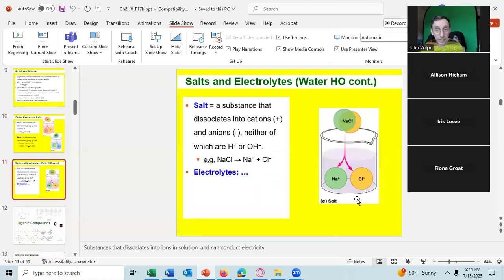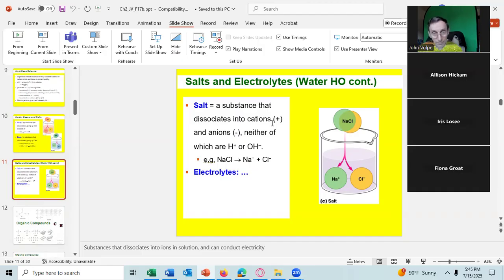So let's talk a little bit about salts and electrolytes. A salt is a substance that dissociates into a cation, that's a molecule with a positive charge, and an anion, a molecule with a negative charge. We're talking about a +1 and a -1, or a +2 and a -2, or some whole number, meaning it's not a partial charge.